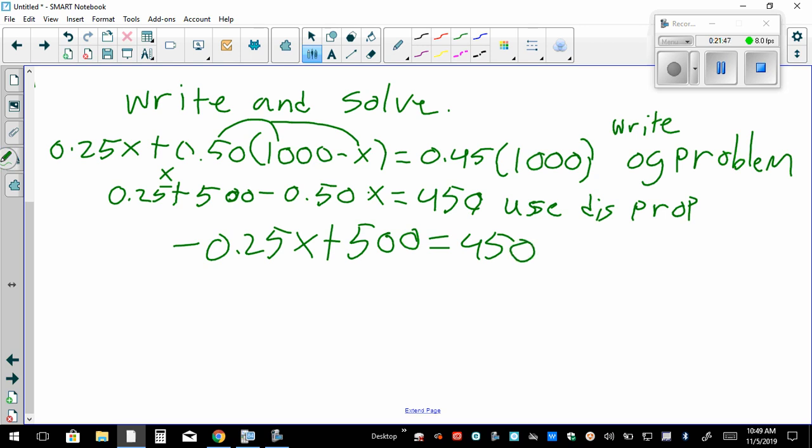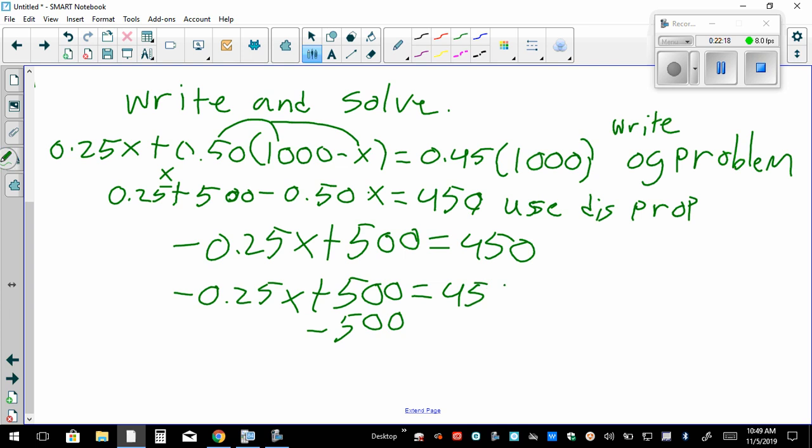And then I'd subtract 500 from each side, so negative 0.25x plus 500 minus 500 equals 450 minus 500.